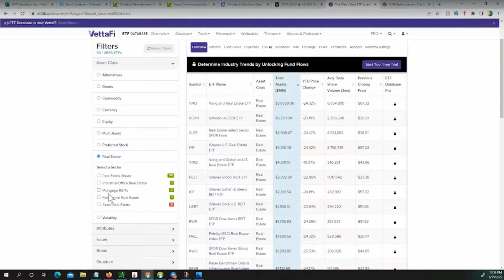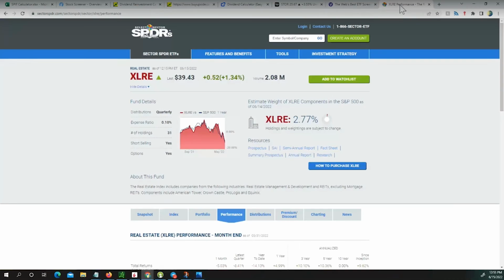So with this one, we might say we just want to look at the broad aspect of the real estate sector. Now, I had done previous research, and this XLRE, which is the S&P 500 real estate ETF, index fund.